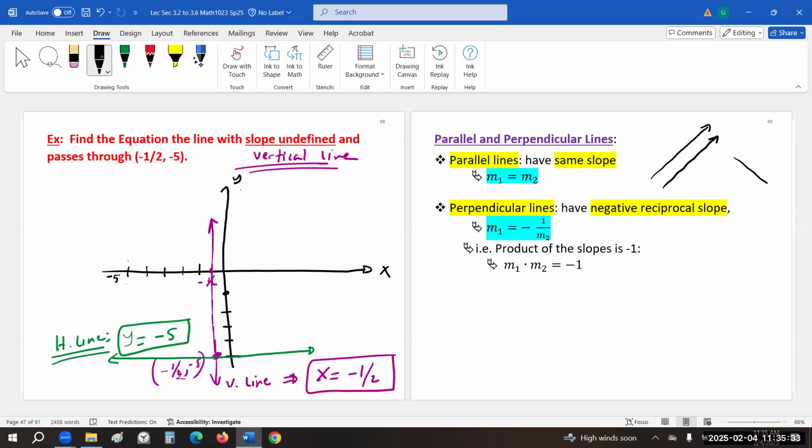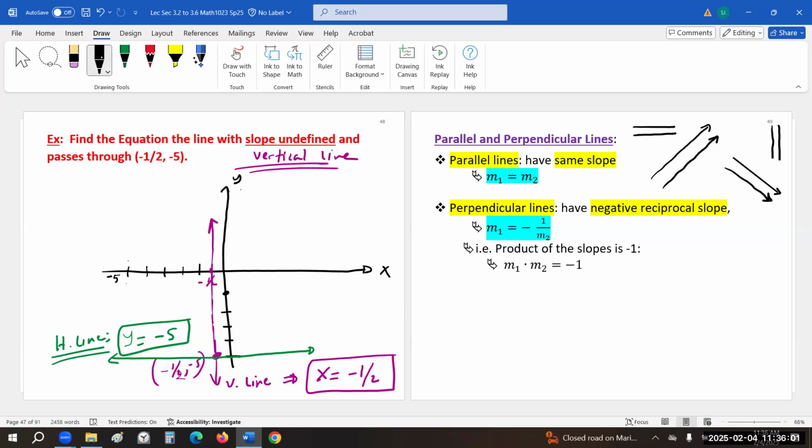If one line is decreasing, its parallel also has to be a decreasing line. If one line is horizontal, the other line also has to be horizontal. If one line is vertical, its parallel line must be another vertical line.